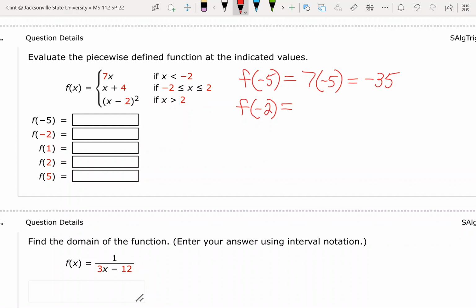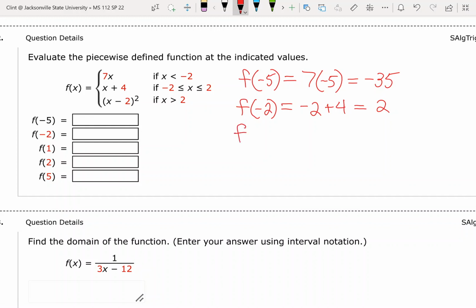It's not going to be the top one because we don't have the equal to bar on there. So we'll use the middle one for this. So we'll have -2 plus 4, get 2. Okay.